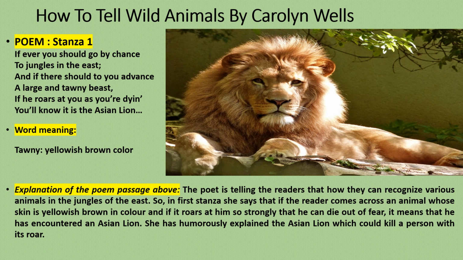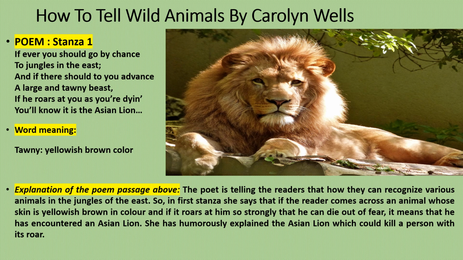So let's start with the first stanza of the poem. If ever you go by chance to jungles in the east, and if there should you advance a large and tawny beast, if he roars at you as you are dying, you will know it is the Asian lion. Very simple.